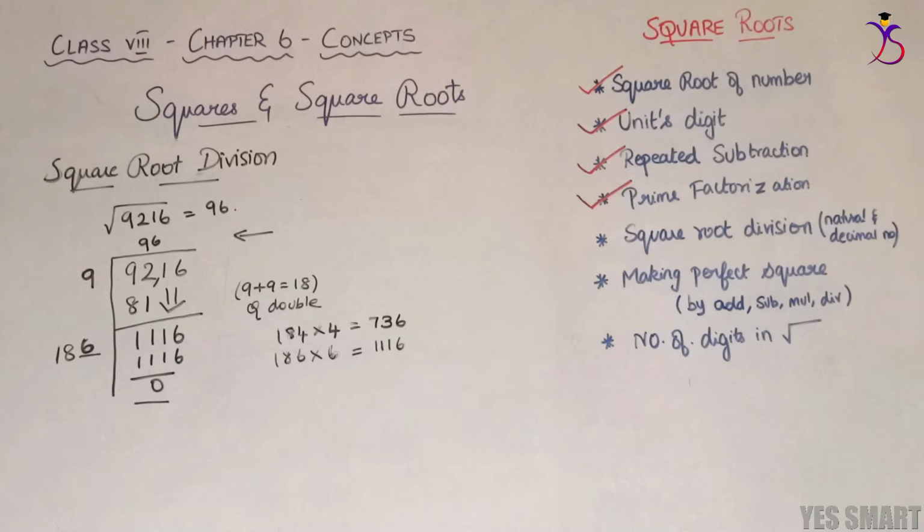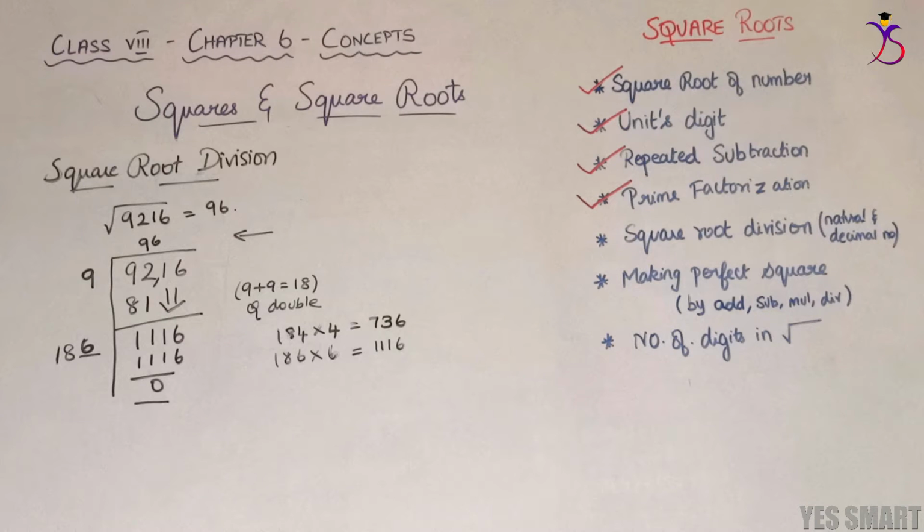If I had introduced 4, I should have multiplied the whole divisor into 4. So the first divisor and quotient will be same. The second time, the divisor is just the double of the quotient. Now the answer is 96. Therefore the square root of 9216 is 96.